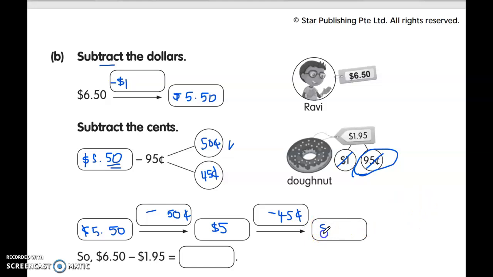So what is the amount? You should get $4. And so if you need to do workings, again, I emphasize you can write your workings at the side. Otherwise this should actually be a mental sum. Okay, so it should be $4.55.